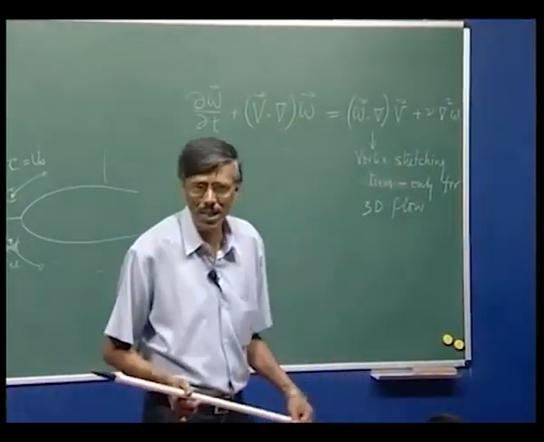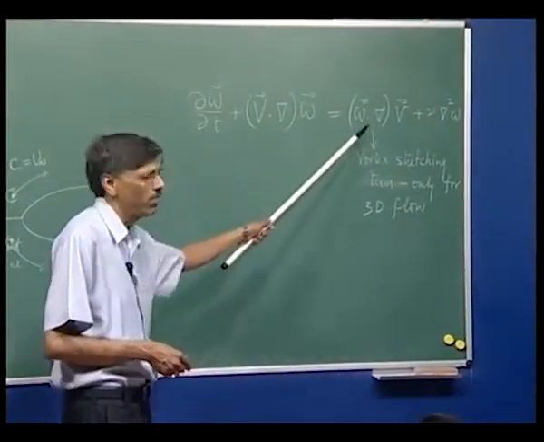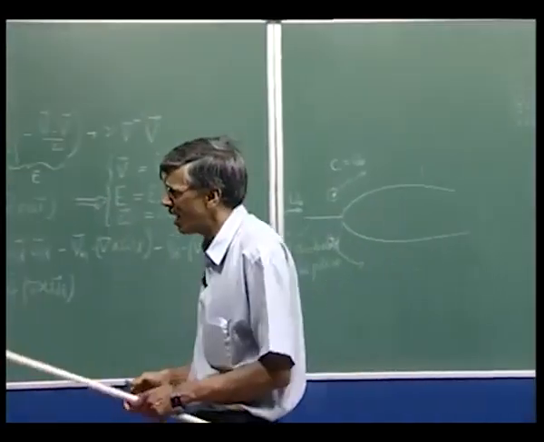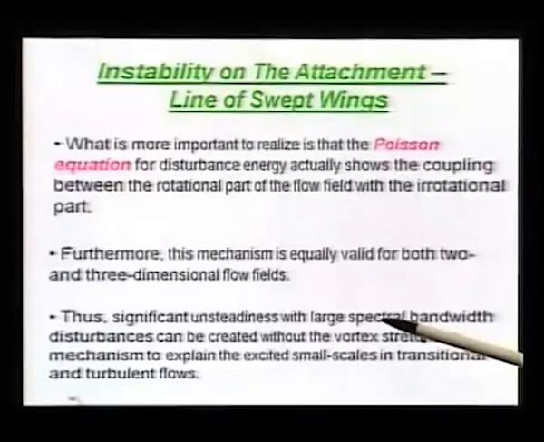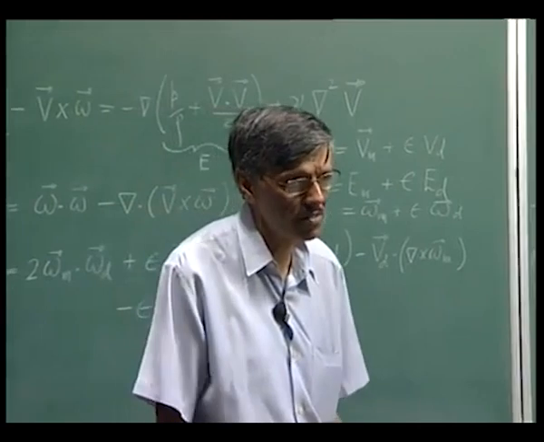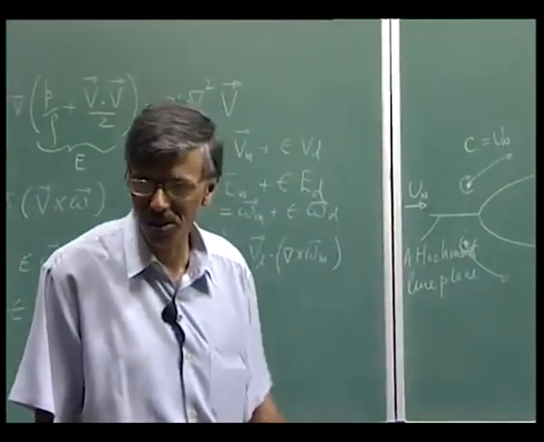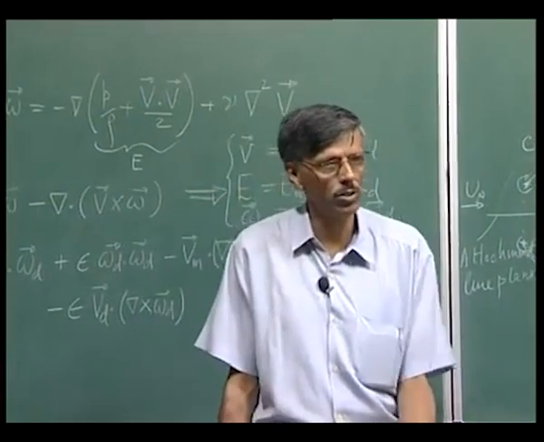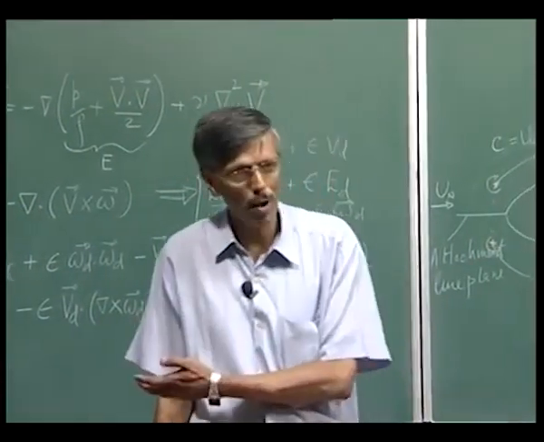However, if we are looking at two-dimensional flow field, we do not have this term at all. So, basically this over reliance of talking about the reason behind large spectral bandwidth due to vortex stretching is probably overemphasized, because we have shown in this part of the course that it is indeed in 2D flow we get it through the bypass mechanism.